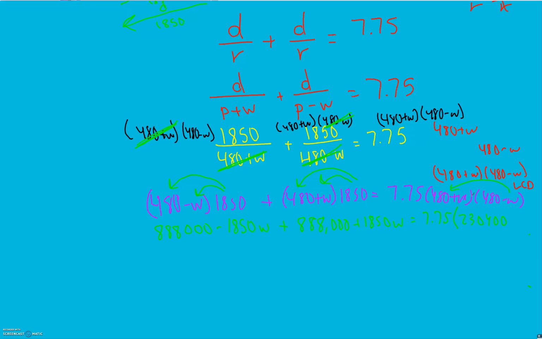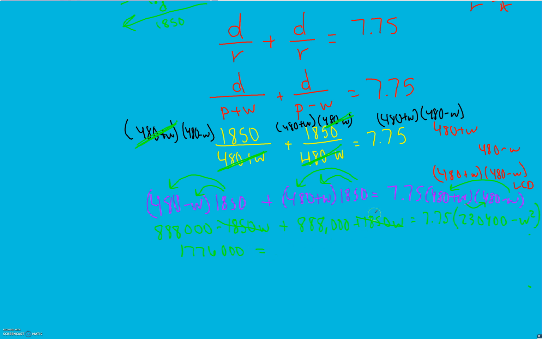When I FOIL here, my outsides and insides are going to be the same, so I'm not even going to worry about them, and I'm just going to have minus W squared. I'm going to combine like terms. 1,776,000, minus plus give me 0.